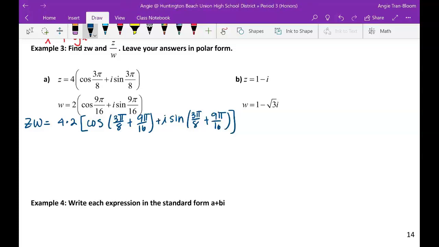If they give you radians in the original problem, then keep it as radians, okay? So common denominator tells me that this is a 16. So this would turn into 6 pi. So 16 and 6 pi. So my final answer when I multiply is 8, then cosine of 6 pi plus 9 pi is now what?